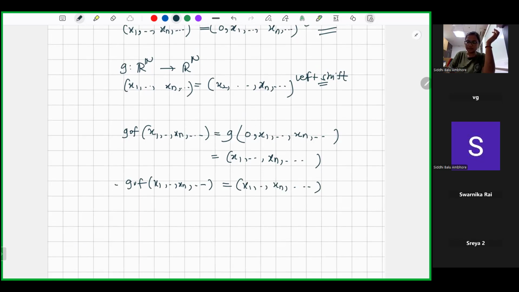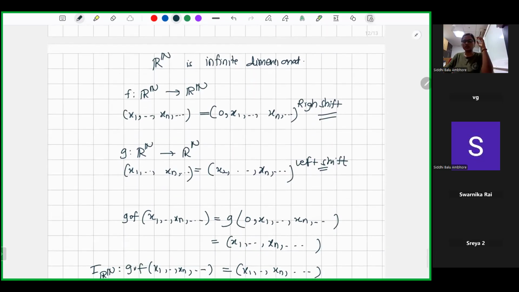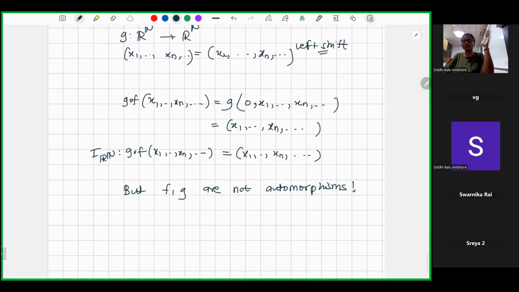This is the identity on Rn. But F and G are not automorphisms. Is this okay? So in the infinite dimensional case, that's not true. Just because the composition is an automorphism does not mean the functions we are composing are automorphisms, which was the case in the finite dimensional case.